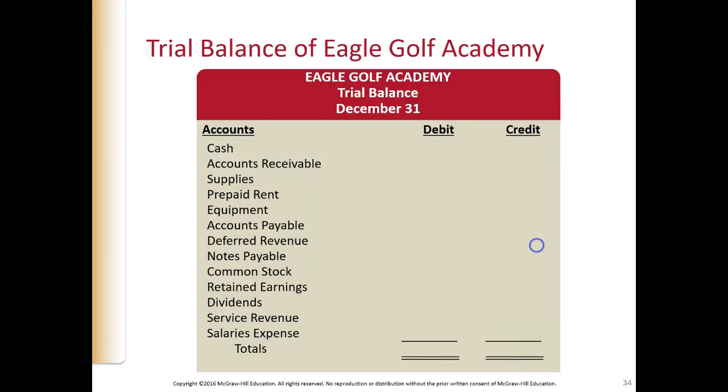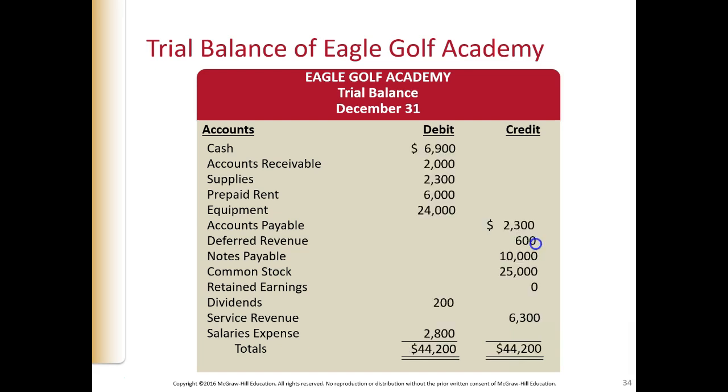After this is done, we prepare what's called a trial balance, and this is just a list of the accounts we've used so far. Show all the balances, see all the debit balances, all the credit balances, and this is a check to make sure after all the transactions we've gone through and after all the posting from the journal to the ledger accounts, do the debits equal the credits? If they don't here, something's wrong someplace.